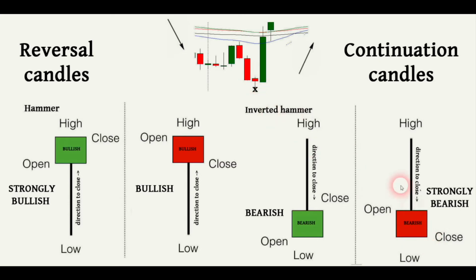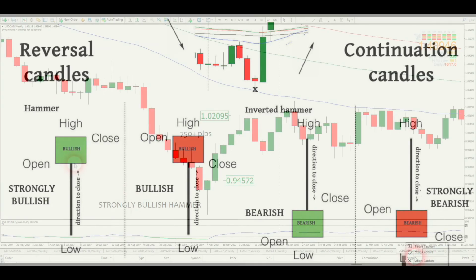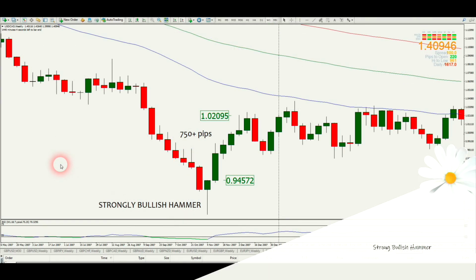So logically this candle will start here and be moving down. So this is quite a strong bearish continuation signal. So let's see if we can find some examples of these candles in the charts, and we'll see what effect they have. Okay, so the first chart we're going to look at is the USD CAD weekly chart.